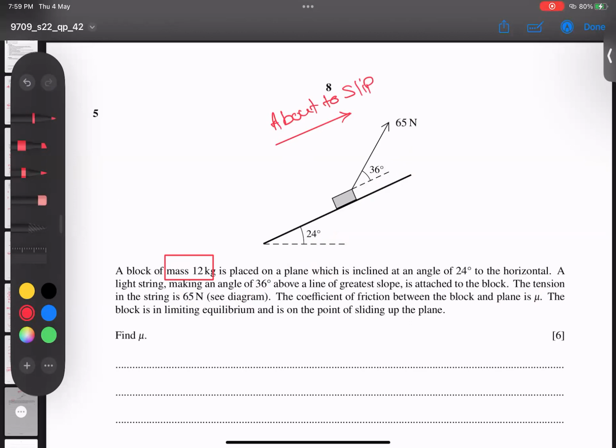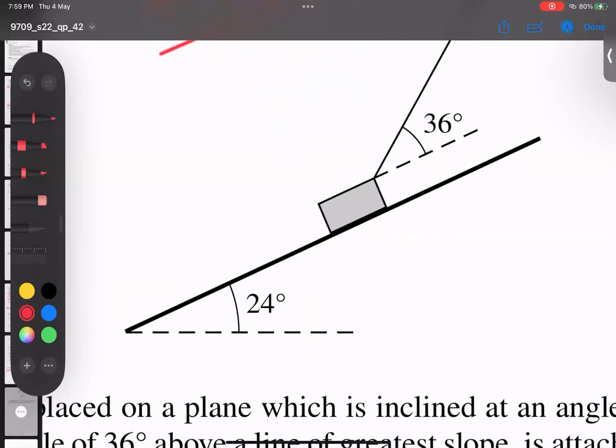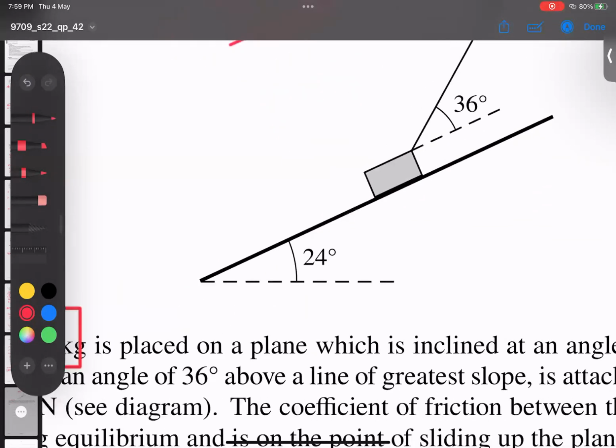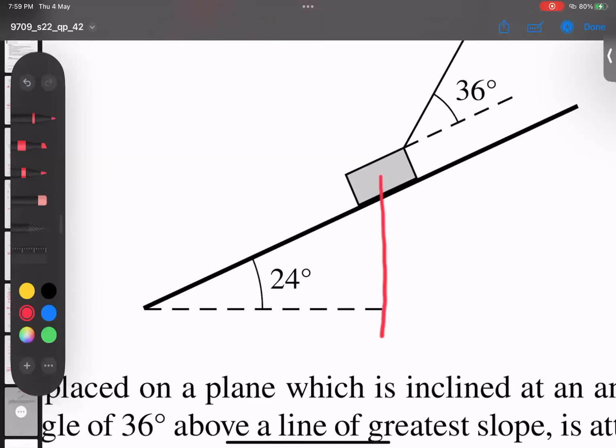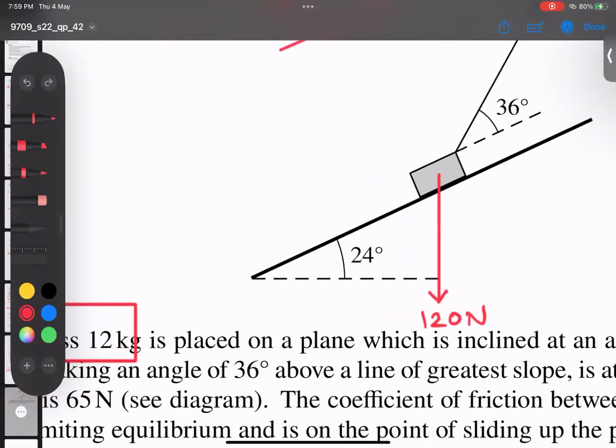So what is the technique, students? Let's start. First of all, mass is 12, so this is 100% clear. Its weight is 120 newtons, because mass is 12 kg. And you know, students, it has 2 components. One acting parallel to the surface, downward, is always the weight component, called mg sine theta.